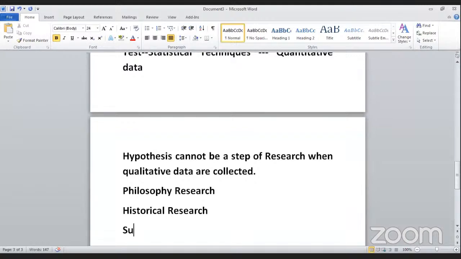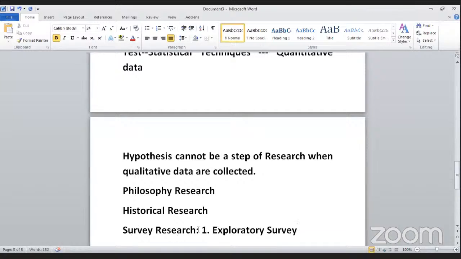But if you are conducting a survey type of research, now in the survey research, there are three types. Number one is called exploratory survey.